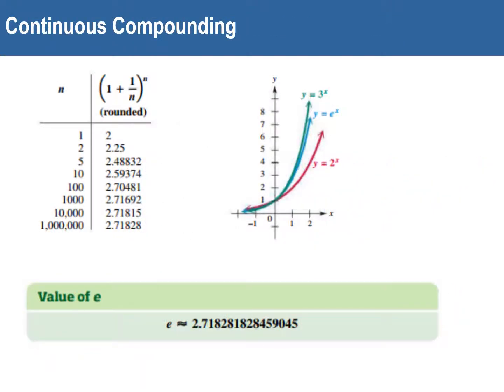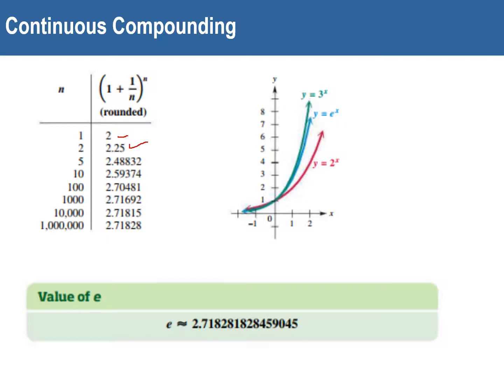When you compound continuously, let's look at what this means. If n is 1, and I look at 1 plus 1 over n to the n, then that's 2. If n is 2, 1 plus 1 over n to the n is 2.25.